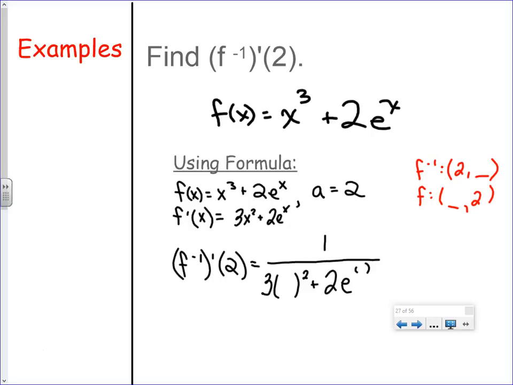So we can plug in. Look, we have the original. We don't know the inverse. We can't find the inverse. It's too hard to switch x and y and solve for y. But if I plug in 2 as the y value, well, if you can't solve for y, you can't solve for x, right?